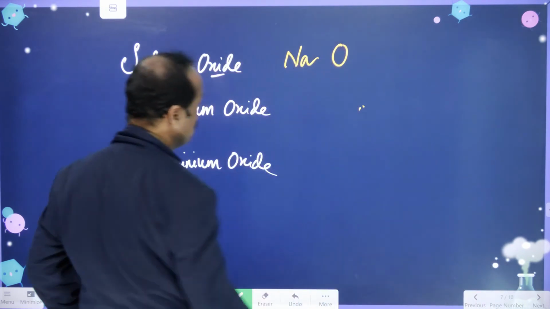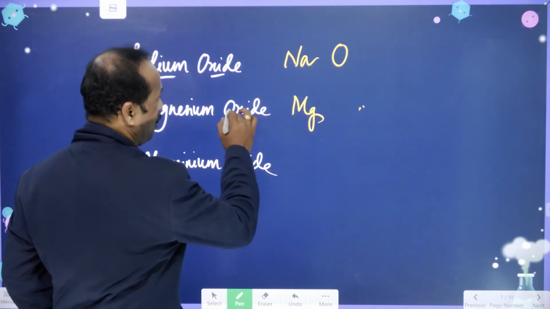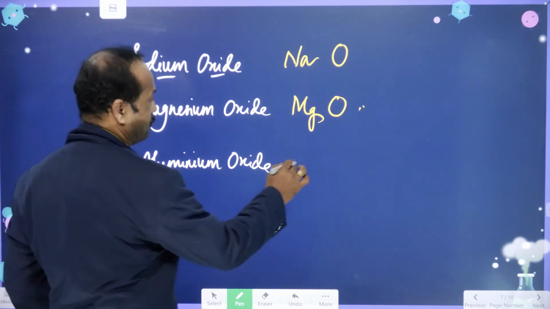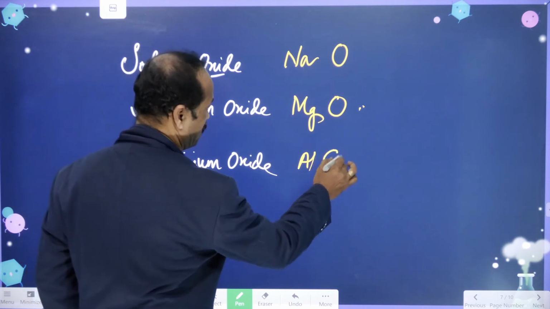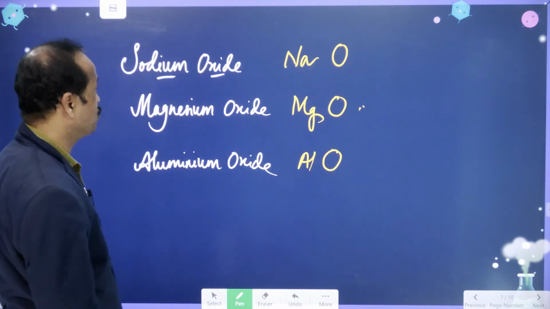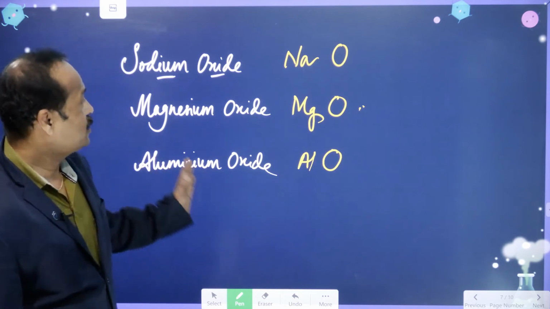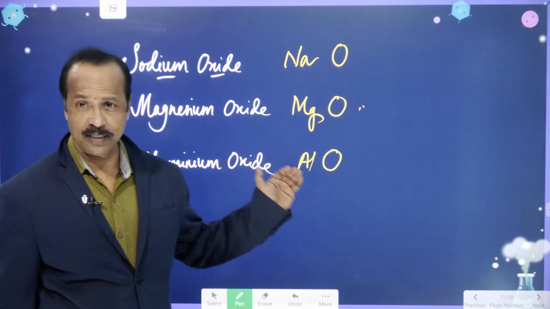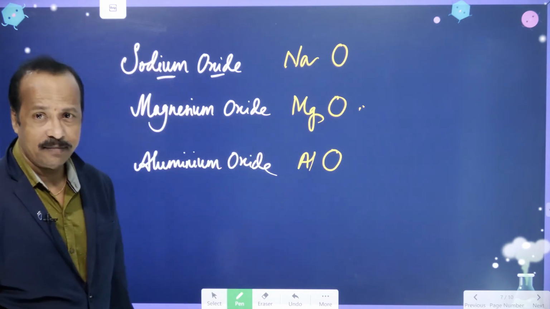And here magnesium oxide, the magnesium symbol is Mg, the oxygen symbol is again O. The aluminium symbol is Al, oxide means oxygen, symbol O. If I write the sodium oxide formula as NaO, the magnesium oxide formula as MgO, the aluminium oxide formula as AlO, are all these formulas correct?